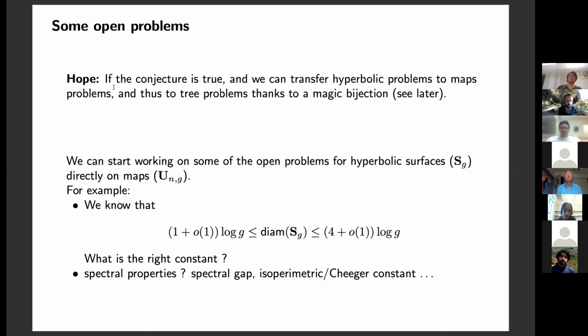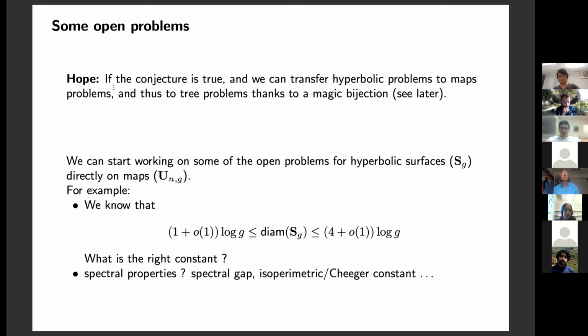And we're inclined to believe that this has to concentrate around a single constant because it's what it always does in math. So we don't see why it would not be the case. I would say half of the people guess that the right constant is 1 and half of the people guess it's 2. So that would be interesting to figure out and to see if we can figure it out on our model. We can also investigate some spectral properties like the spectral gap, the isoperimetric constant, and so on and so forth.